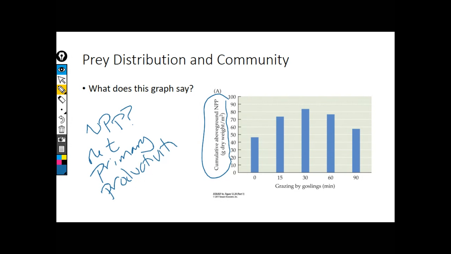Oh, productivity. That help a little bit? Okay, so NPP is net primary productivity. So basically our y-axis is plant stuff, the amount of plant stuff there is lying around.